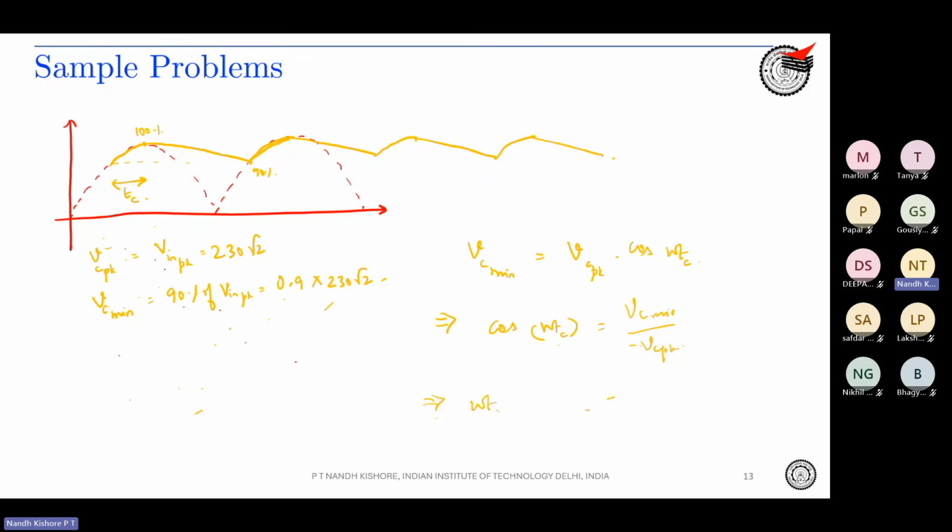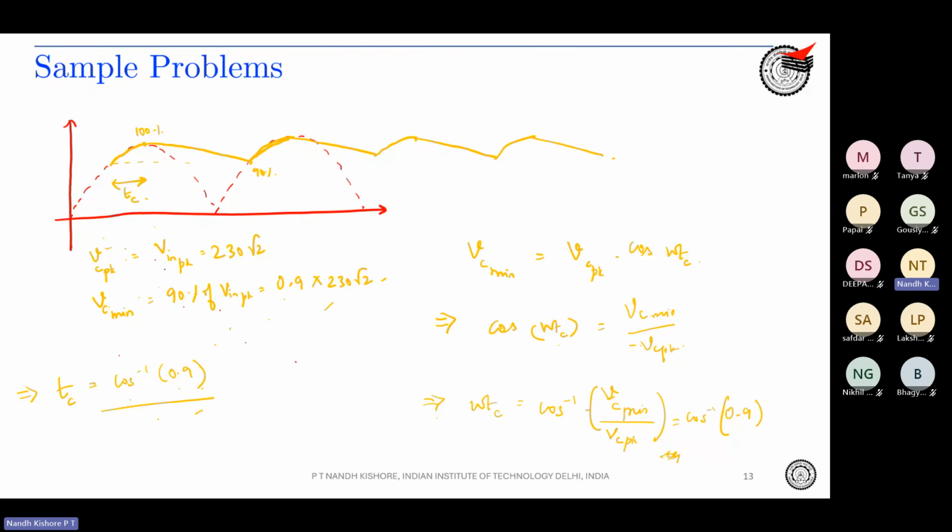So your omega TC is cos inverse of VC min divided by VC peak. VC min is 0.9 and VC peak gets cancelled. So cos inverse 0.9 would be omega TC. So you can write that TC is going to be cos inverse 0.9 divided by omega.